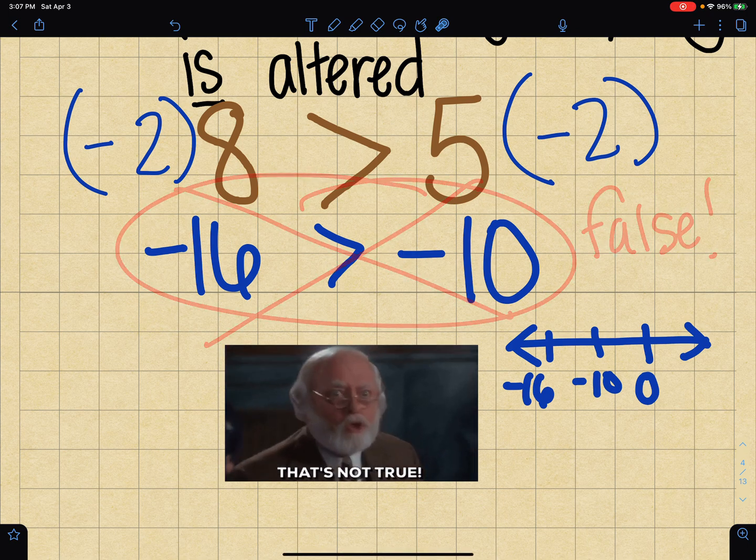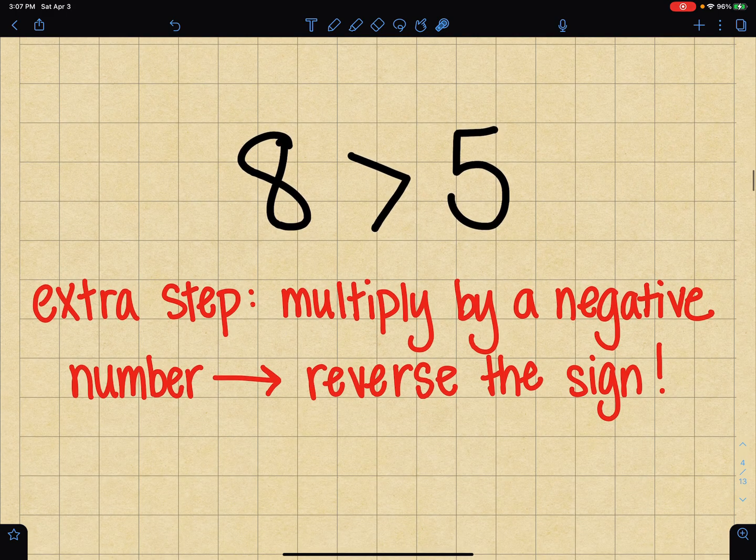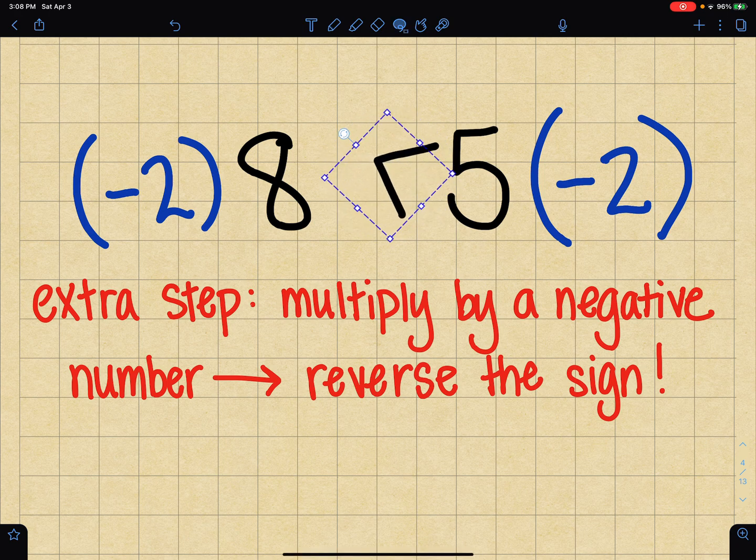Okay, so it turns out that if you have an inequality like this, something with a less than or greater than sign, and you multiply every term by a negative number, so for example, let's multiply this one by negative 2 and this one by negative 2, what you have to do now, pay attention, this is important, is you have to reverse the sign.